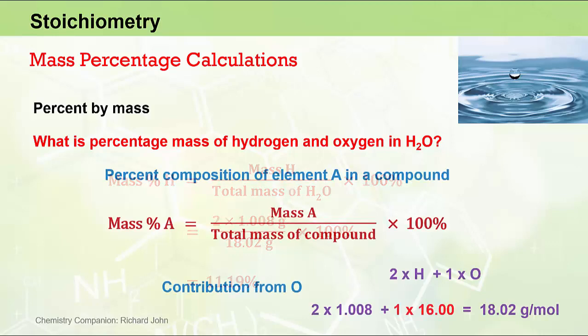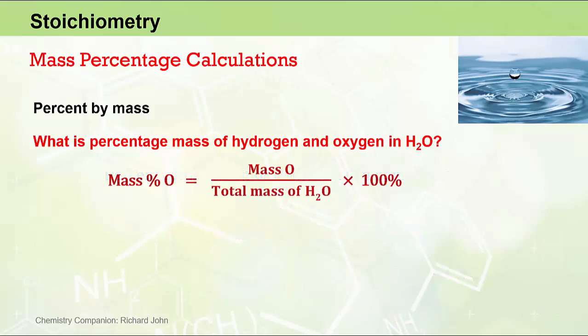The mass contribution from just the oxygen atoms in 1 mole of water is given by this value here, 1 times 16.00 grams. And again, we can substitute this value into our mass percentage equation, giving us 1 times 16.00 grams divided by 18.02 grams multiplied by 100%.